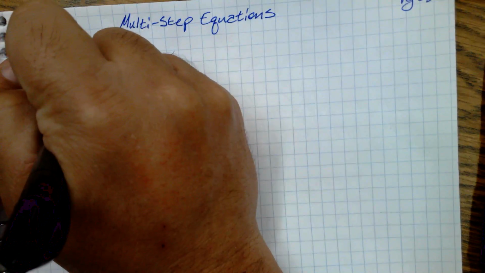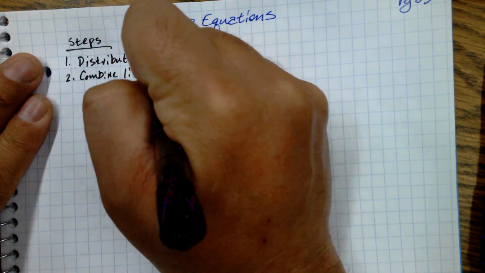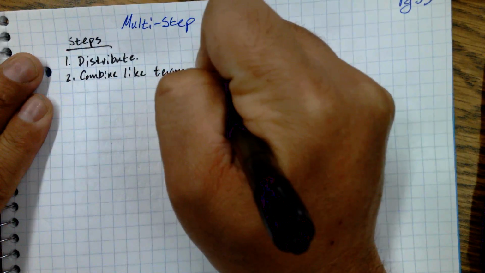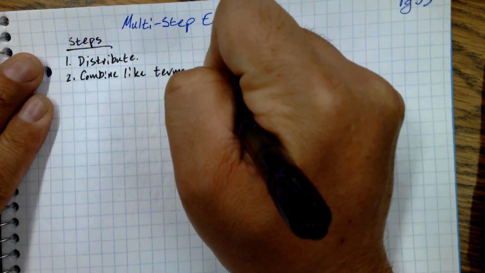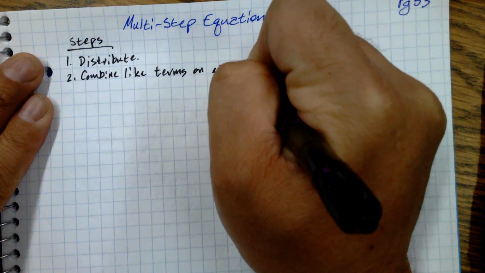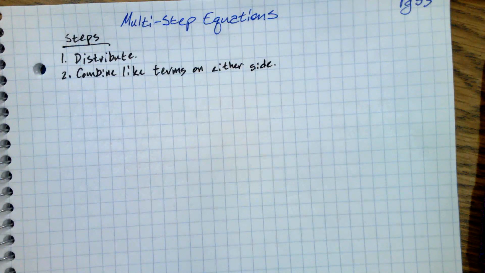So I'm just going to say combine like terms on each side, or either side, let's say. Because sometimes you may need to combine like terms on the left side of the equal sign and nothing on the right side, or vice versa, or sometimes on both. Okay?